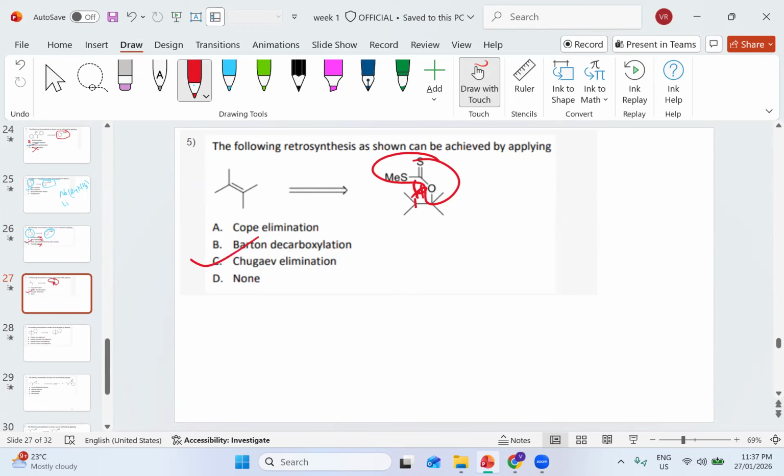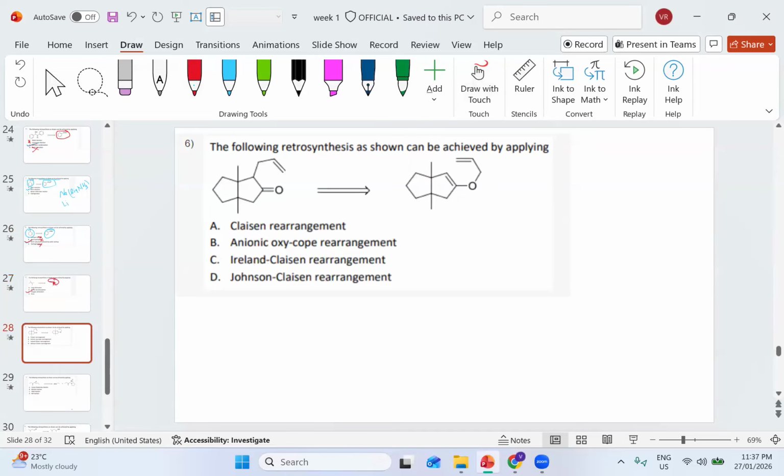This is the Chugaev elimination reaction. The next question is the following retrosynthesis as shown can be achieved by applying. You can directly see this is a 3,3 Claisen rearrangement reaction. So that's the Claisen rearrangement reaction.